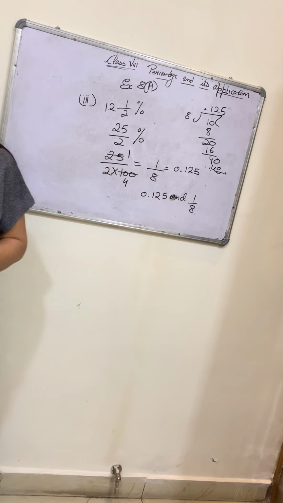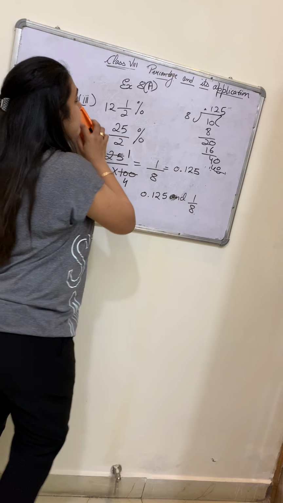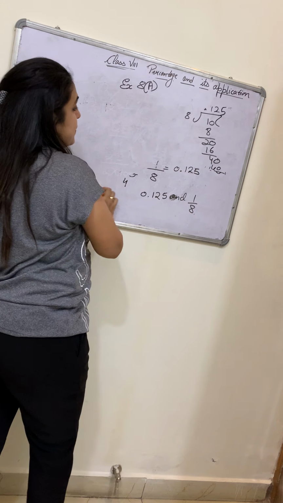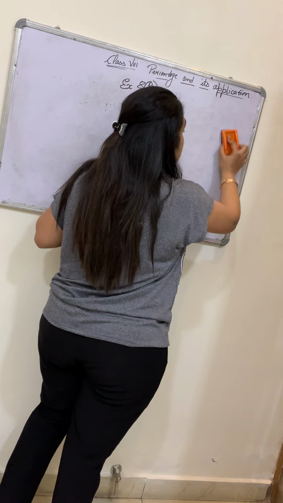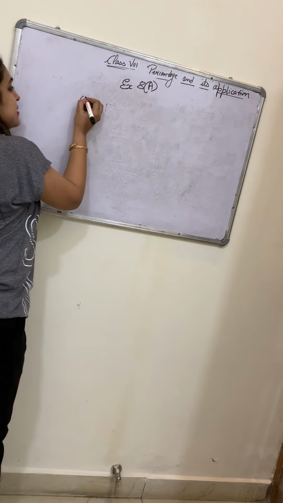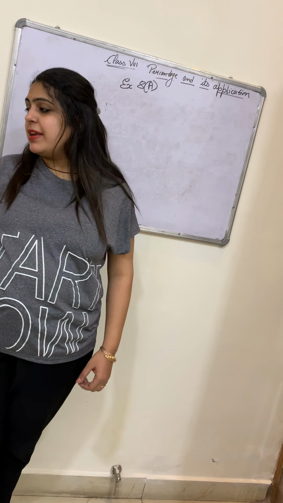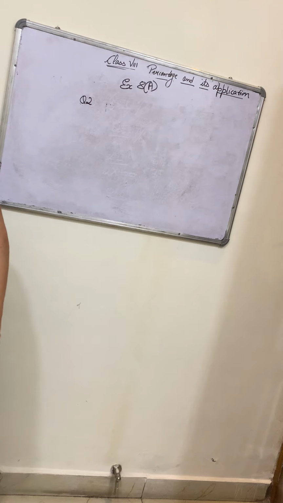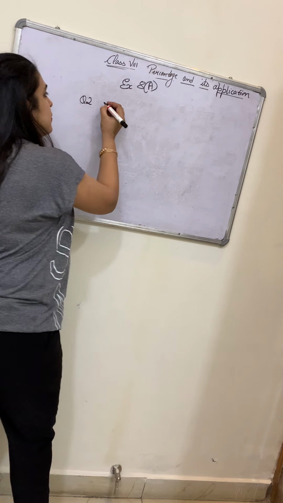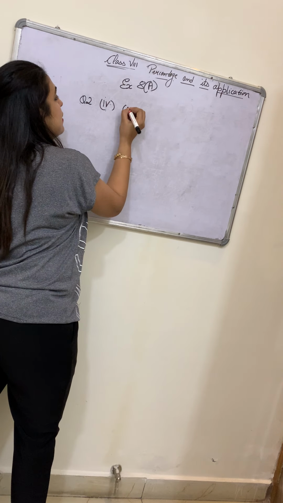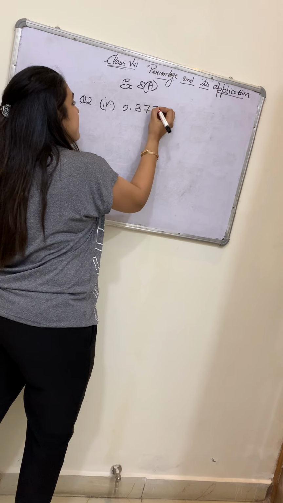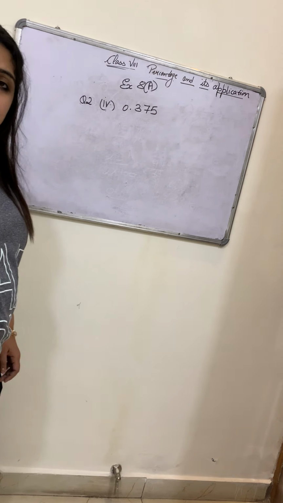Coming to the second question, that is write the number as percentage. यहाँ पर हमने percentage को numbers में change किया था first में. Now we are going to write the numbers as percentage. Numbers को हम percentage में change करेंगे. Again I am doing the fourth part for you, that is 0.375. This has to be changed into percentage.